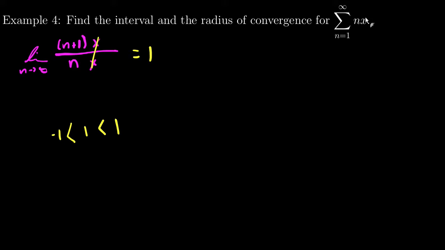Because just consider, if we put 1 in for x, then this will be 1 plus 2 plus 3 plus 4 plus 5. It's going to diverge. But there is one case where this works. So when things go badly, don't forget that I could have the radius or the interval of convergence. So the interval is just x equals 0, because 0 is going to collapse down that n and make things work.